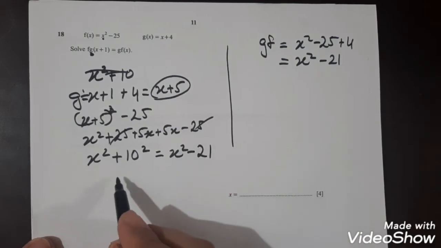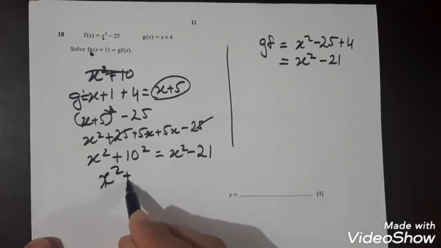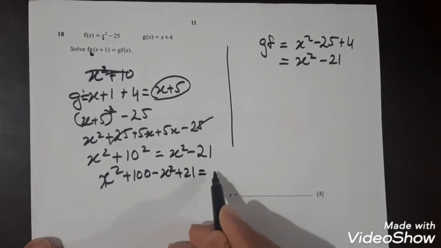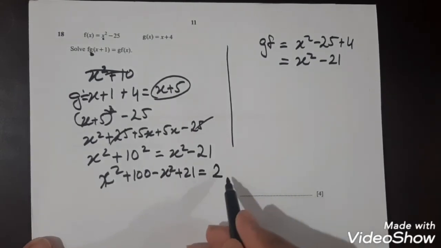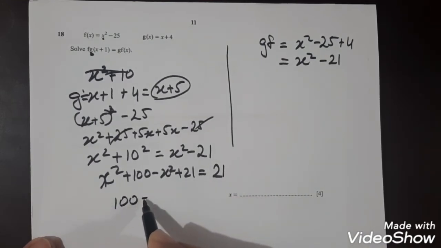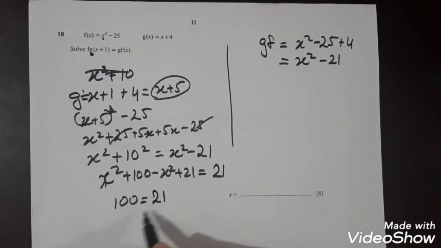If we move this value over, it will be x squared plus 10x minus x squared plus 21, which will be 10x equals 21, which gives x equal to 2.1.